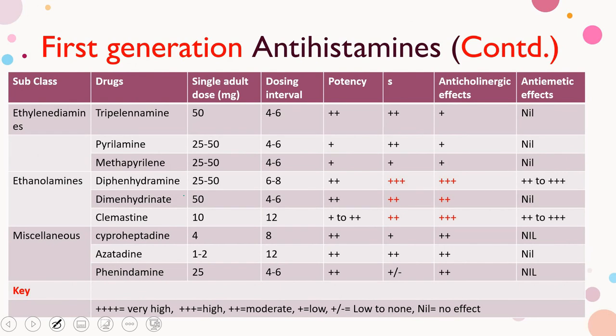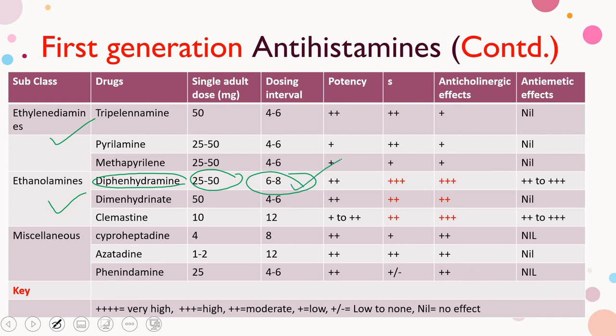And there is another subclass, ethylenediamine, you see, and there are ethanolamines, like diphenhydramine, which is Benadryl, available in the market. The effect lasts 6 to 8 hours, so you have to repeat it at least 3 to 4 times a day.